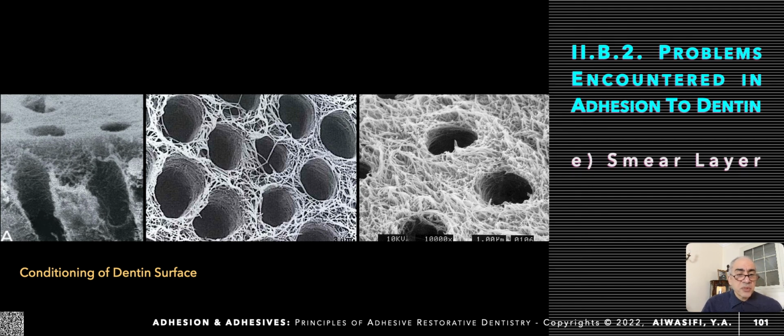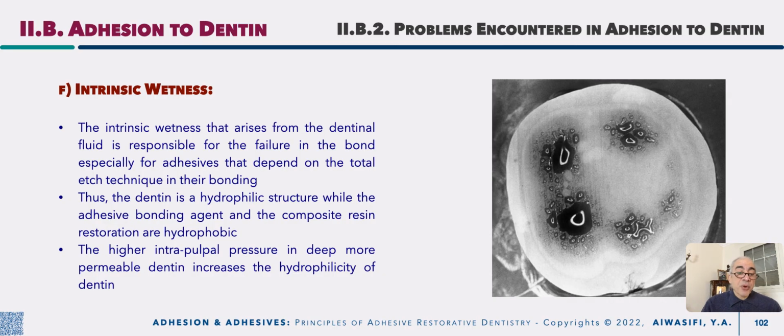Is it as simple as this? No, it's not as simple as this. All the details will come later. But when you open this, you will directly face the sixth problem, which is the intrinsic wetness of dentin. Dentin is wet, containing dentinal fluid. How could you manage this? And when you go deeper to the pulp, this wetness increases.